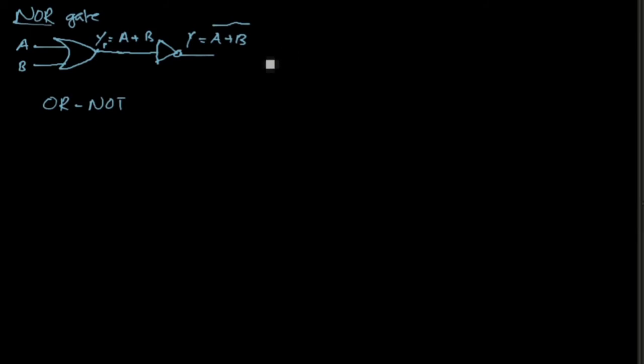If you consider the truth table, A, B, A or B, and A or B all complement is here. So if A and B are 0, then A or B is 0, so A or B all complement is 1.